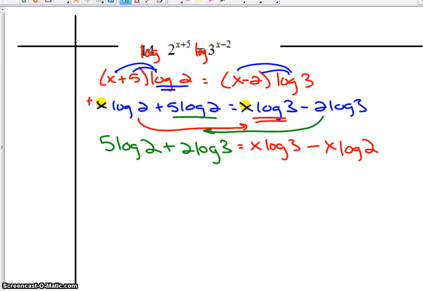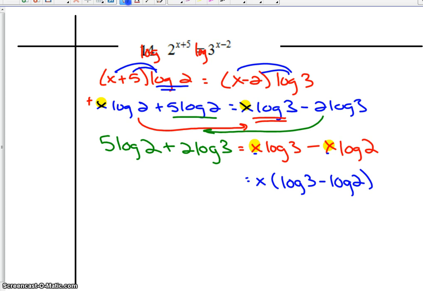Now, I still have that situation where I have multiple x's. I need to get down to a single x. Since it's common to both pieces, remember we can factor it out. If I take it out, I'm left with log 3 minus log 2. Now I have just a single x, which in a minute I'll get by itself.